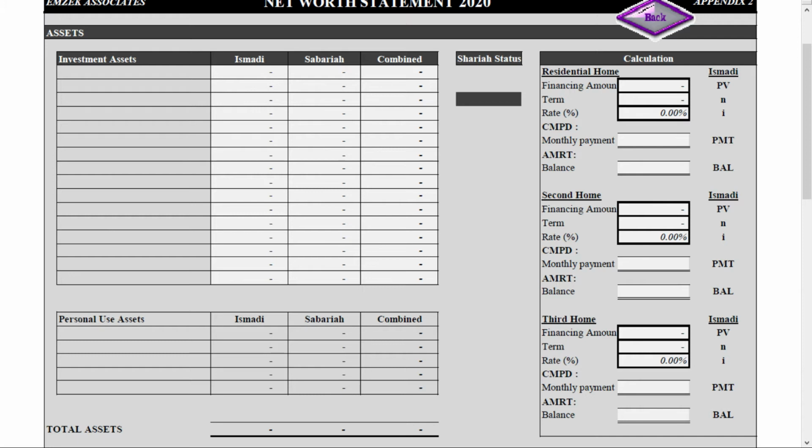Now, you can see on the far right hand side there is a column to show the working of the calculation of home mortgages and car financing. This will carry marks as well. In the middle, there is a column to identify whether the asset is Sharia compliant or not.